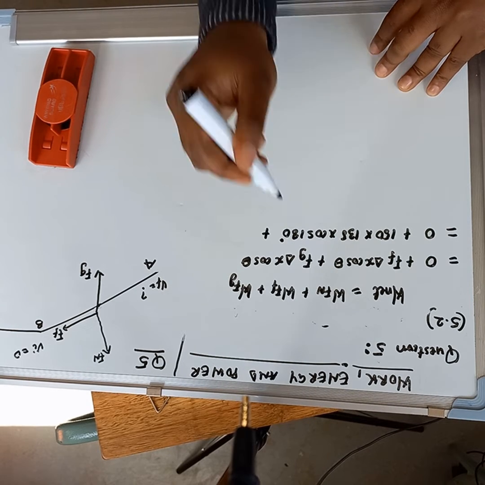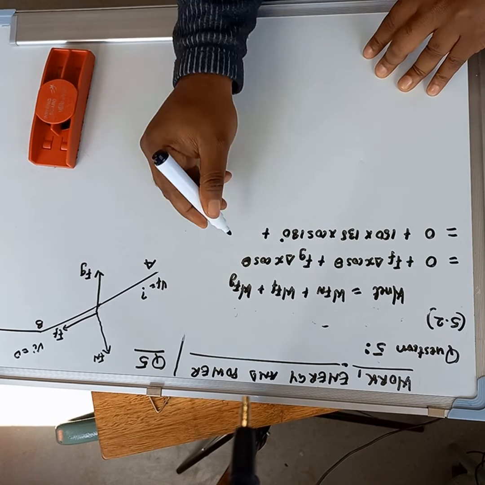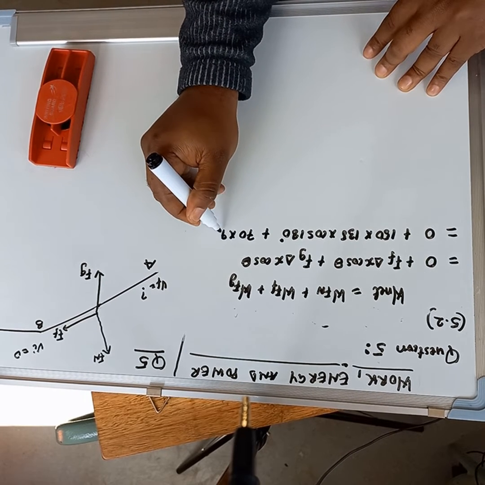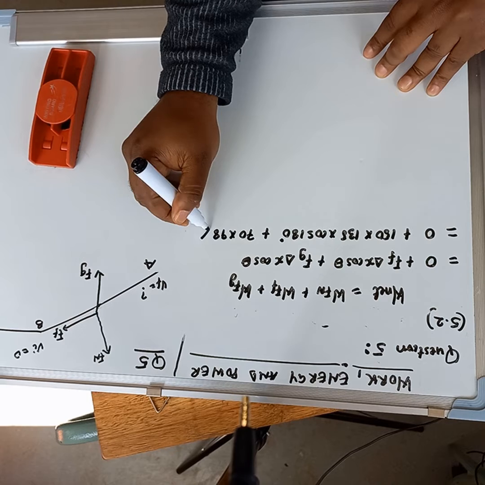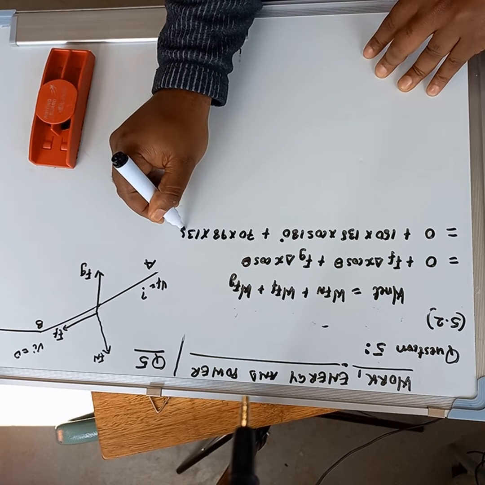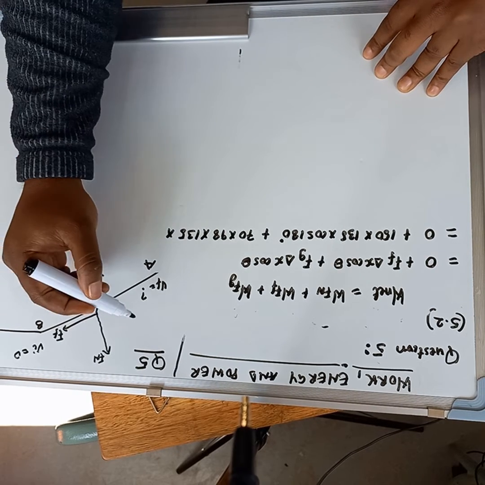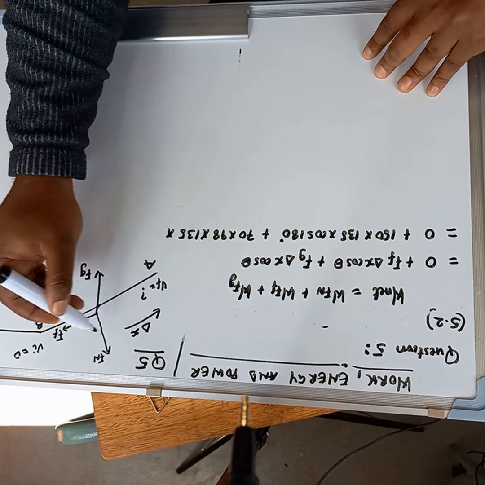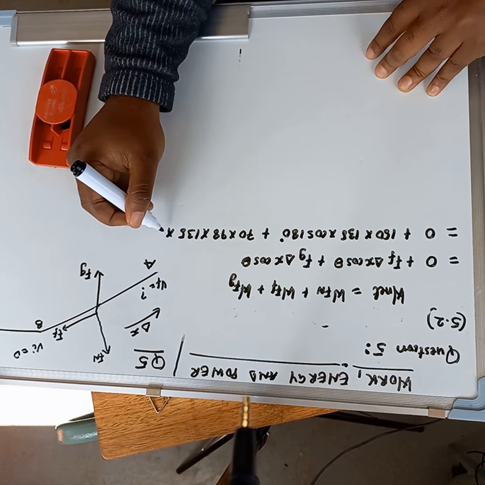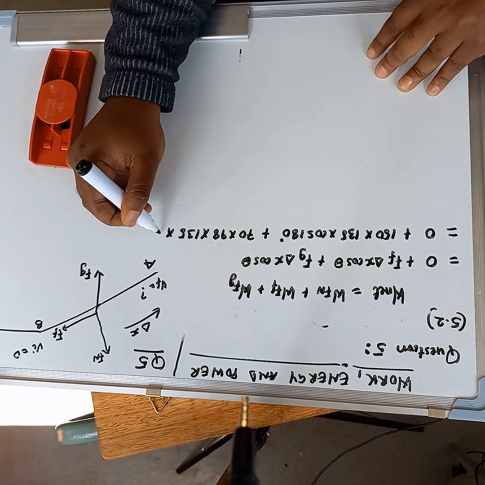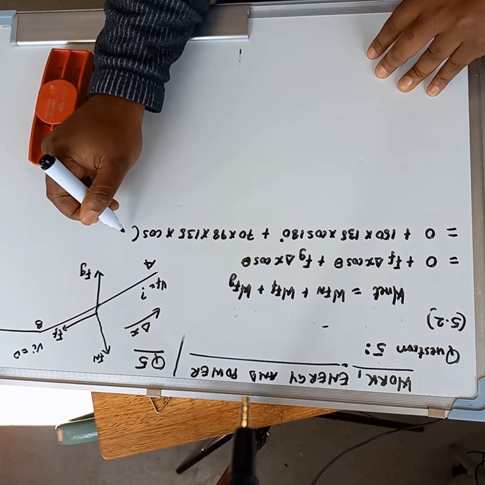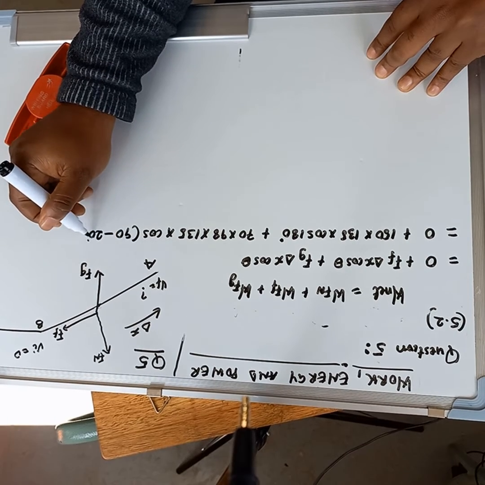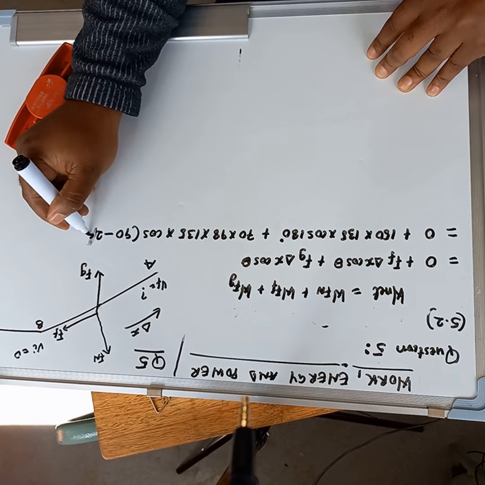Plus, let's calculate the work done by gravity. We have mg, 70 times 9.8, times 135, times cos of the angle. If you look at it here, the direction of the displacement is downwards. So anytime the direction is downwards, the easiest thing is to say 90 minus the angle of inclination, which is 25.